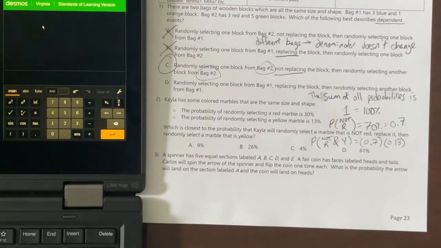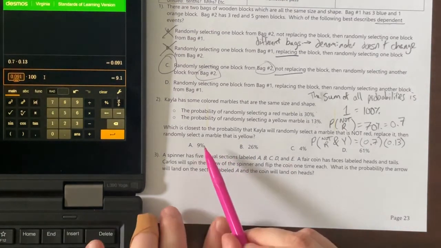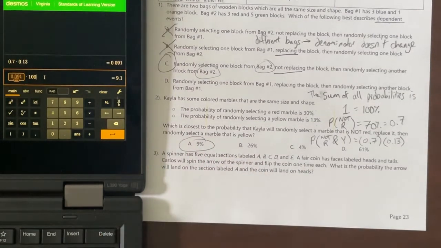Multiply those together. So let me use that wonderful Desmos calculator: 0.7 times 0.13, and then I want to take my answer and multiply it by 100 because I am working with a percent, and so we could say it's closest to 9%.